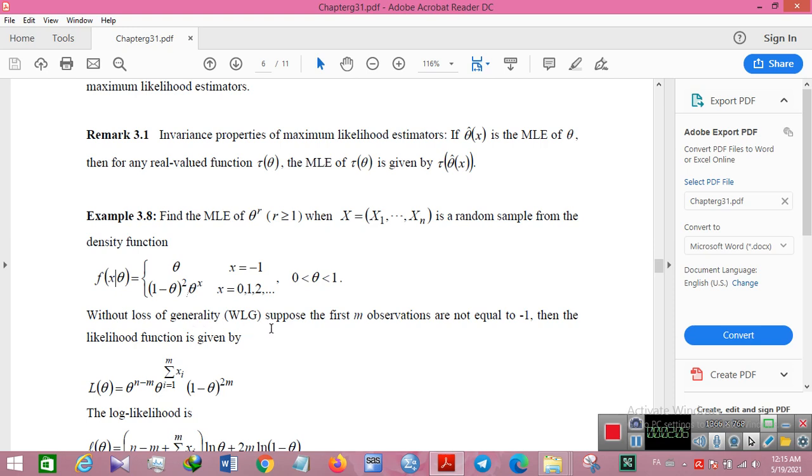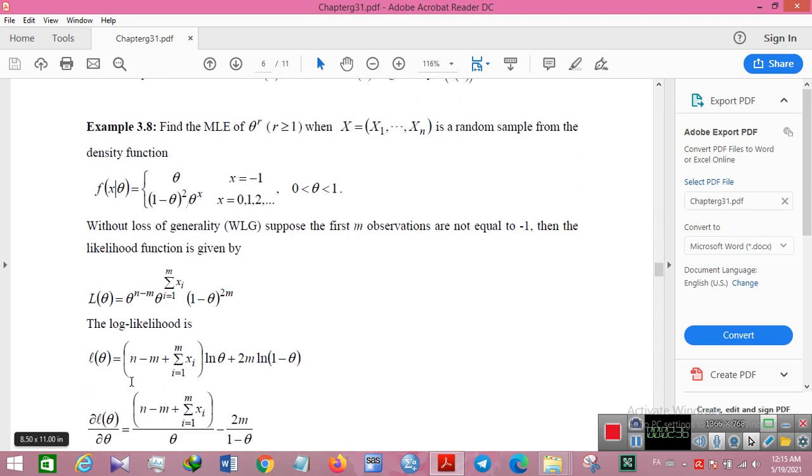So let's consider the first observation is not equal to -1. It is not a restricted condition because x1 to xn are random variables independent of each other, and a change in their order is not important.